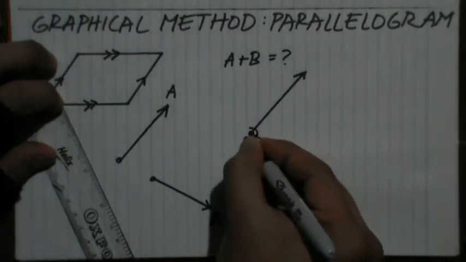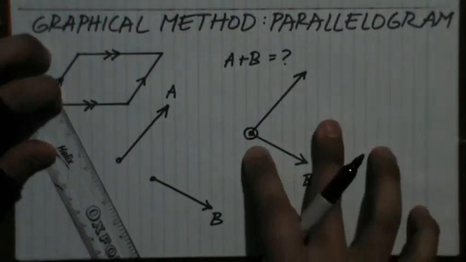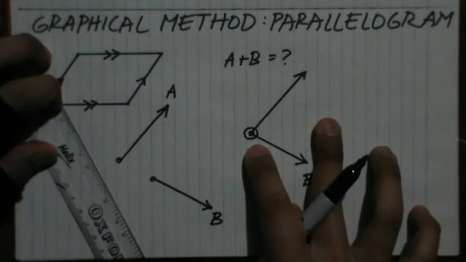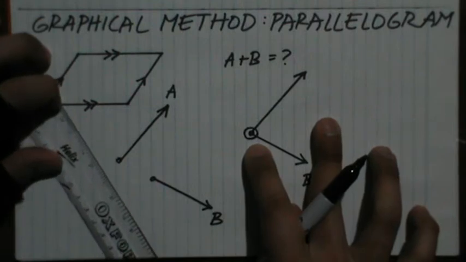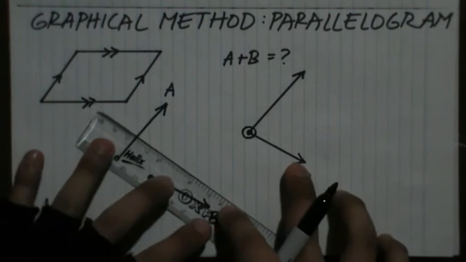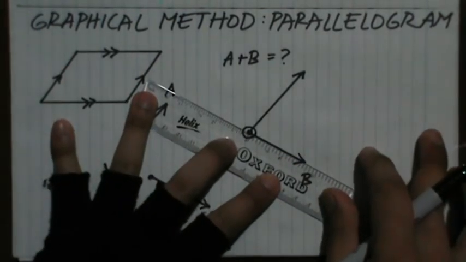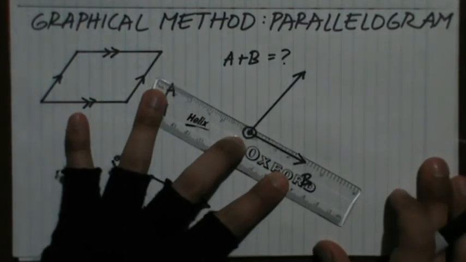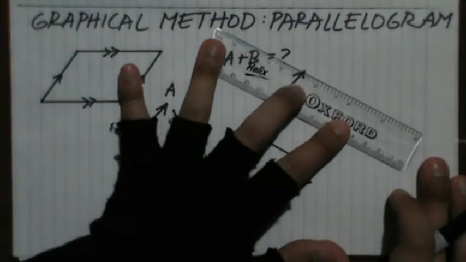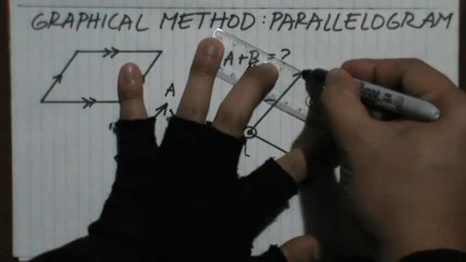So when we already put their tails at the same point here, now we can make a parallelogram using these two vectors. So keep in mind that you must have two pairs of parallel sides.